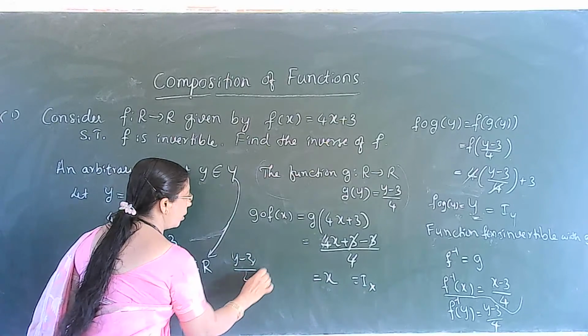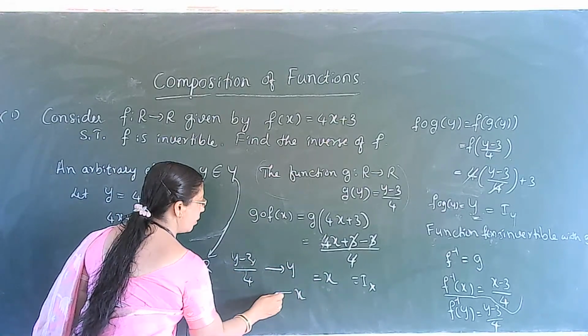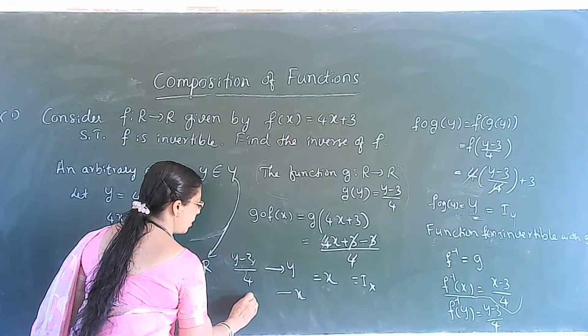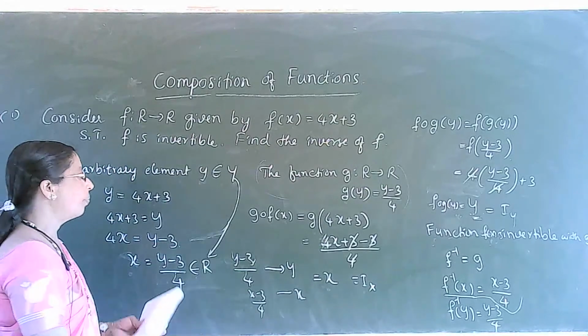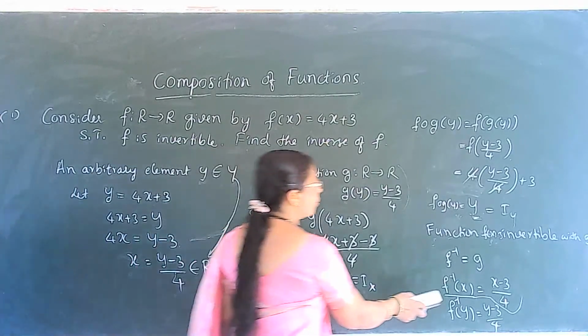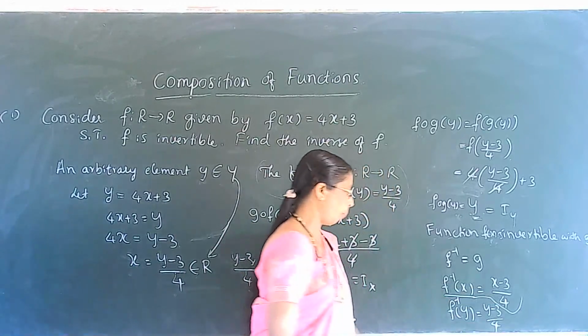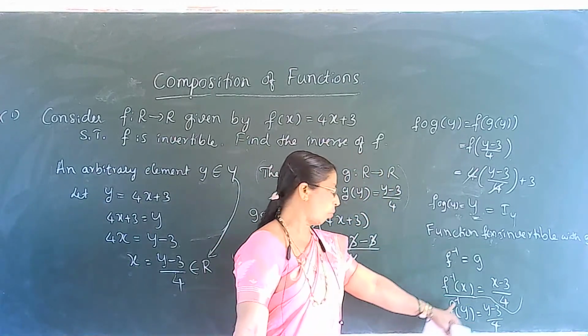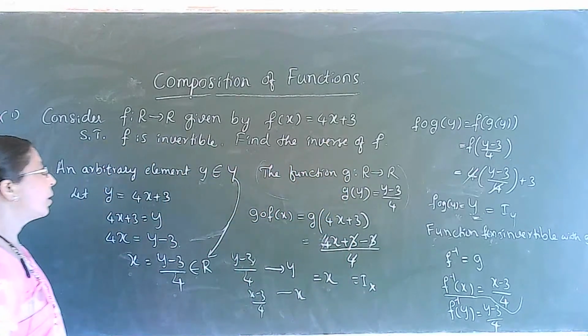If it is x, here the pre-image is x minus 3 by 4. You remember this one, then you always write f inverse of x is equal to x minus 3 by 4, and f inverse of y is equal to y minus 3 by 4 with respect to this problem.